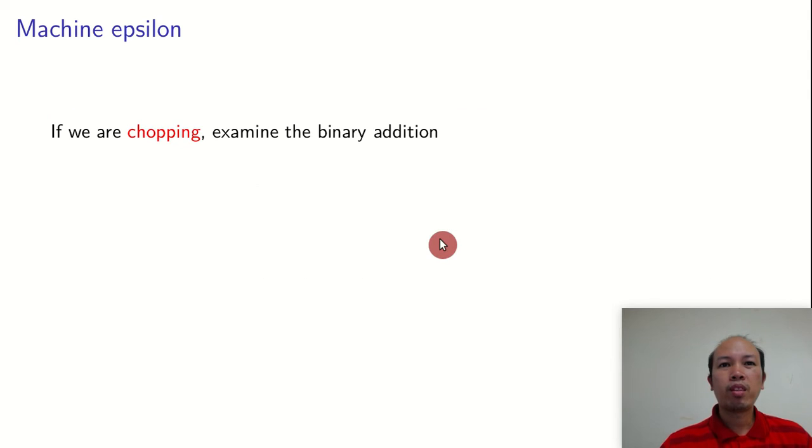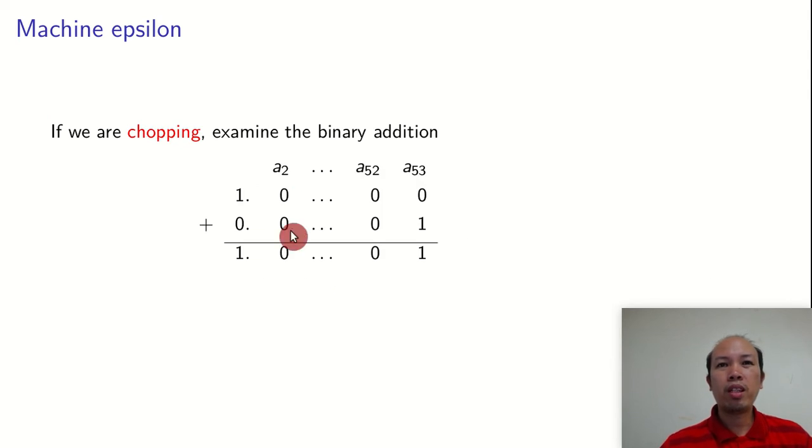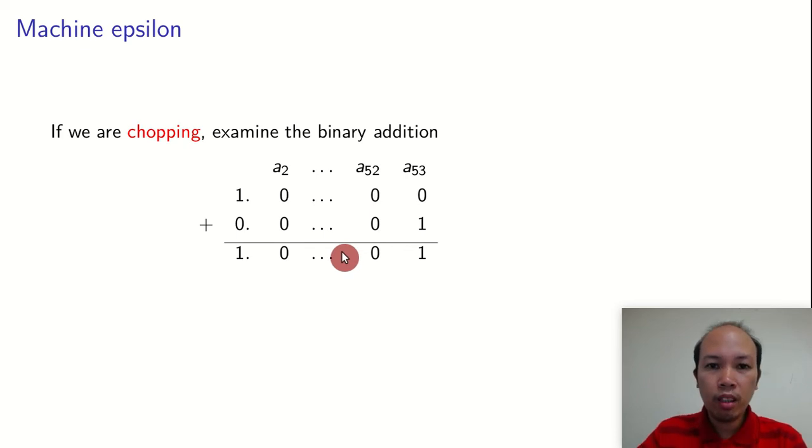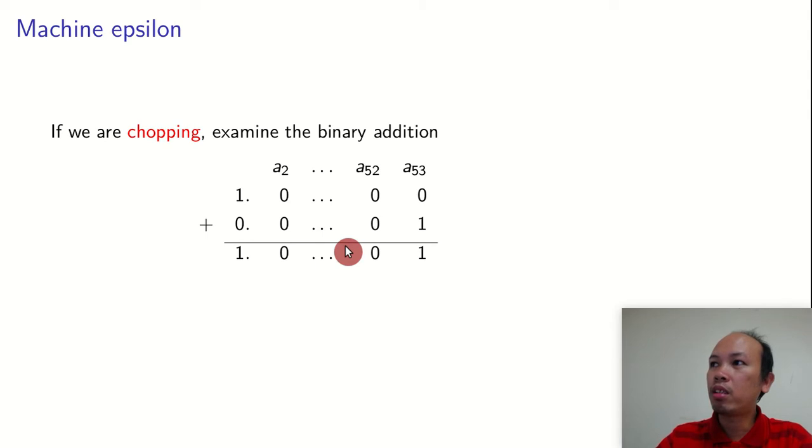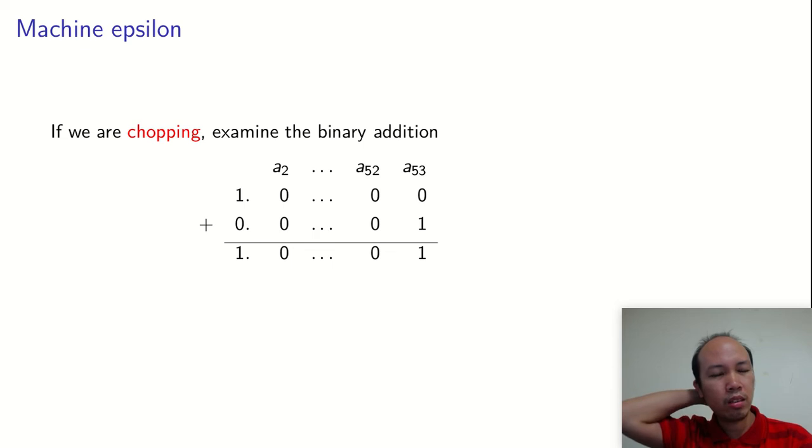Okay. If we add these two numbers using binary addition, we know already how to add binary numbers. I already discussed this in part 1 or part 2.